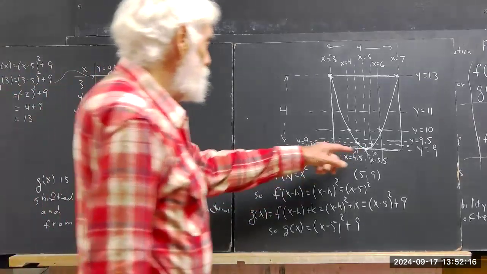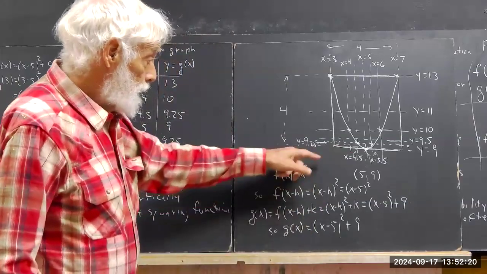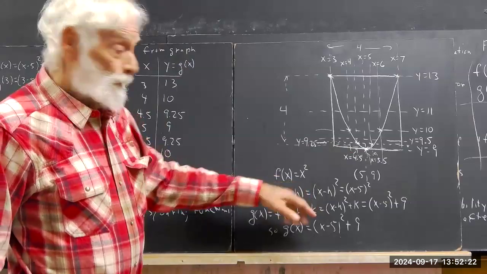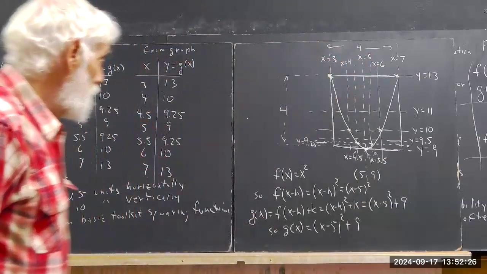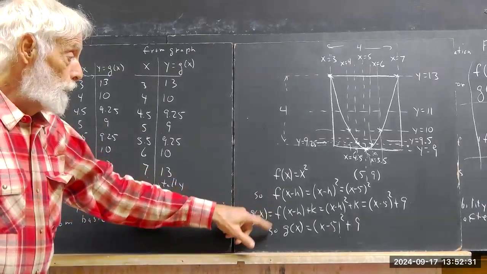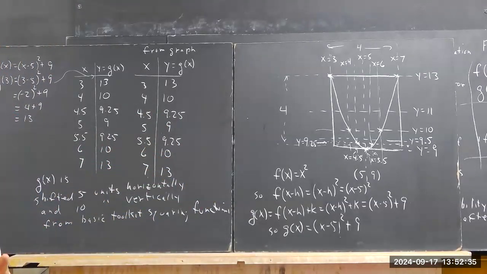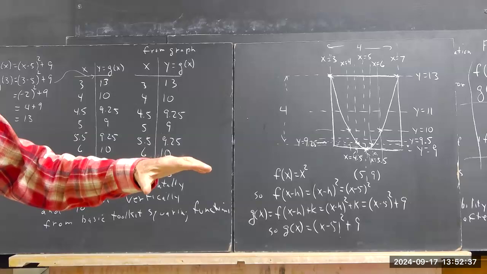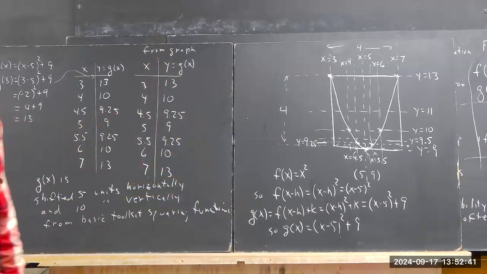That means you come 5 units over here and 9 units up, you've got the basic squaring function, which would be kind of down here. You move it over 5 units and up 9 units, and you've got this. This verifies that this form of the function, the x minus h squared plus k thing, shifts the graph h units horizontally and k units vertically.